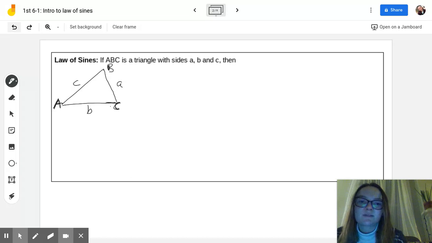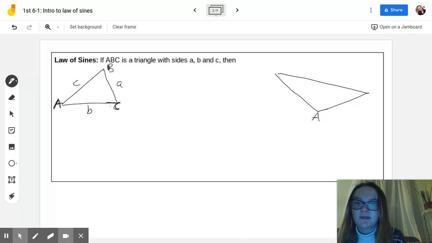And let me draw one that's obtuse too. Let's see, we'll have A here, B here, C here, which means this is lowercase b, lowercase a, lowercase c. So this is triangle ABC. So it could be acute, it could be obtuse, it could really be anything. Let's go ahead and write the law of sines.